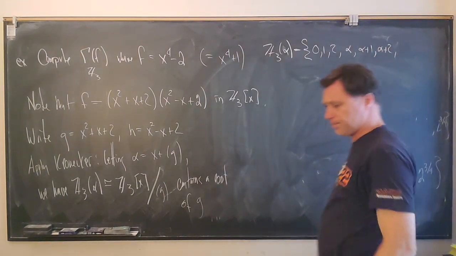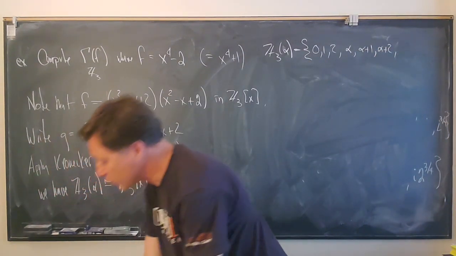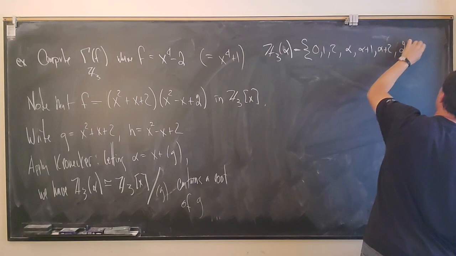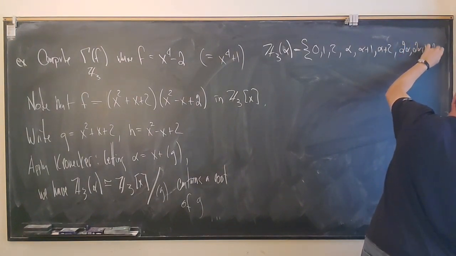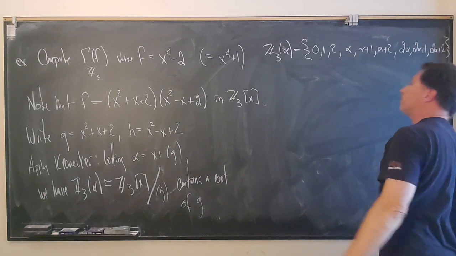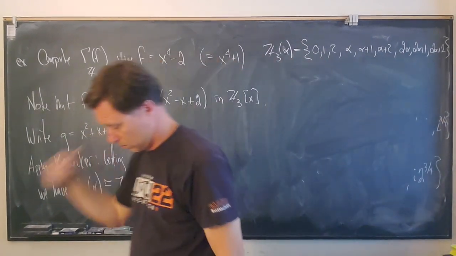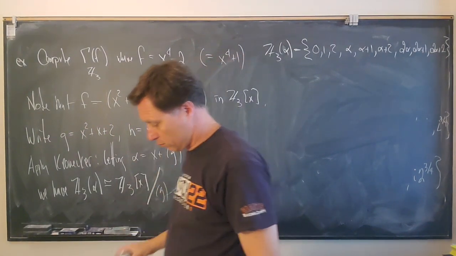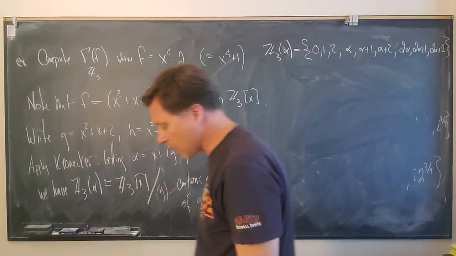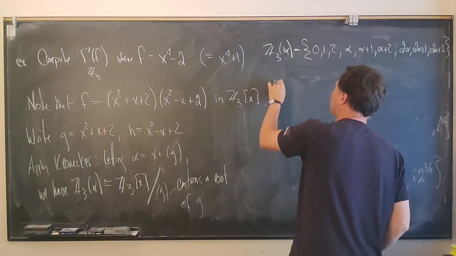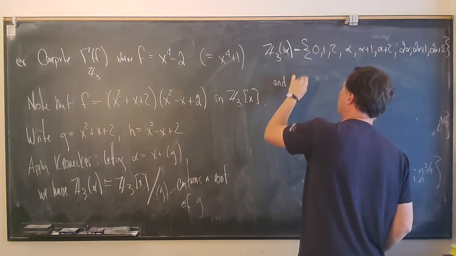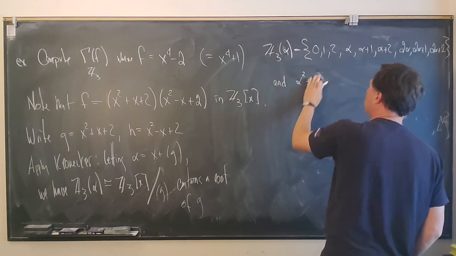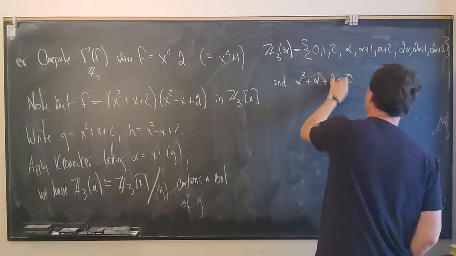And then, what else do we have? Oh, 2 alpha, 2 alpha plus 1, and 2 alpha plus 2. Also, we can say alpha squared plus alpha plus 2 equals 0.